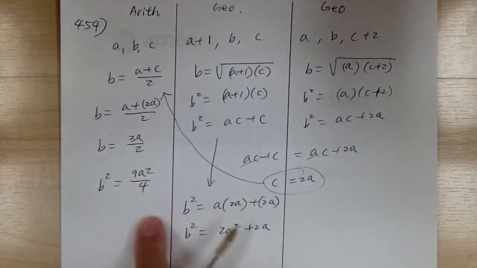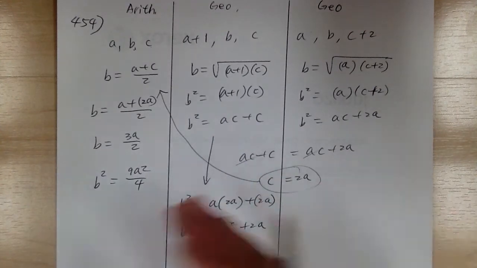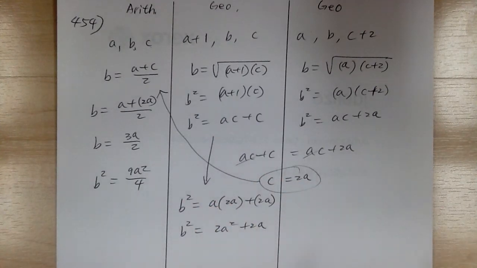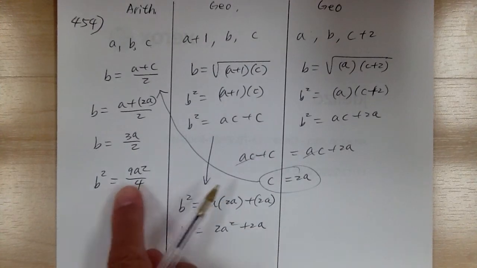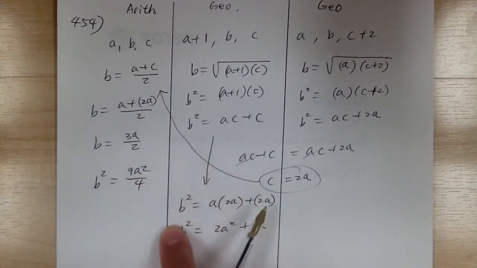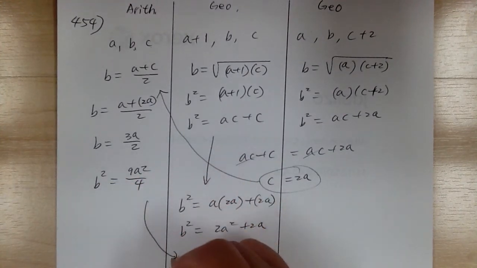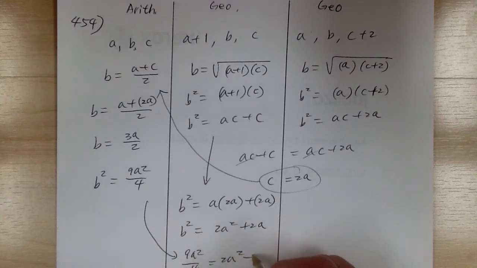I'm going to equate these two. When you have three equations, you kind of have to go back and forth, using the elimination method or substitution method. So B squared equals that from here, and B squared equals this from there. I set the two equal to each other, so 9A squared over 4 equals 2A squared plus 2A.